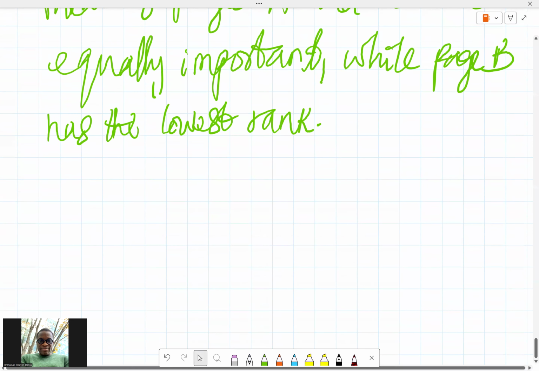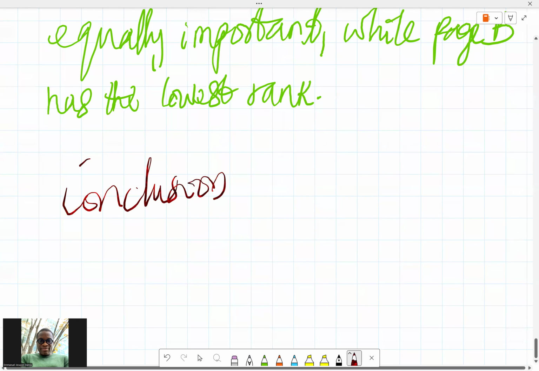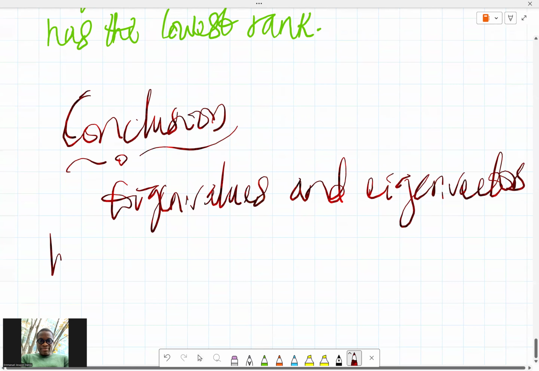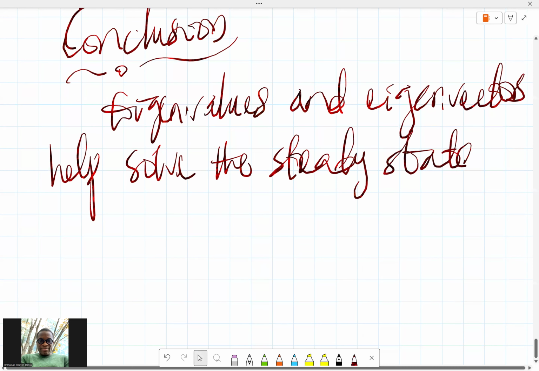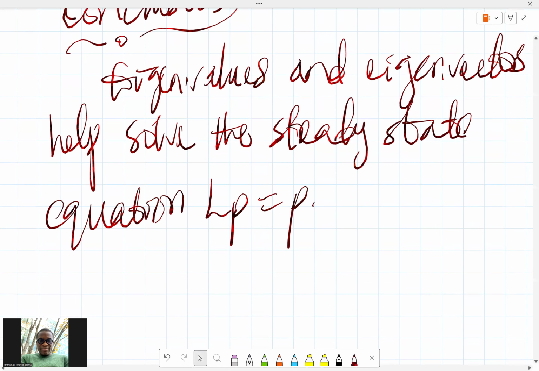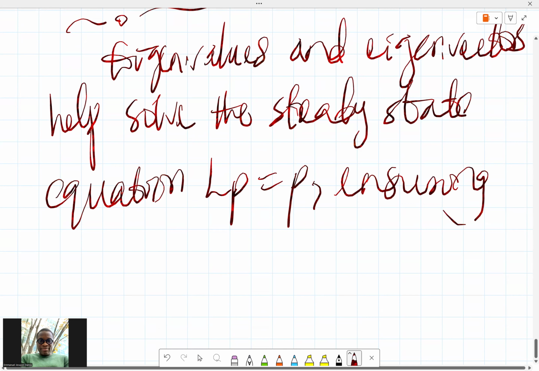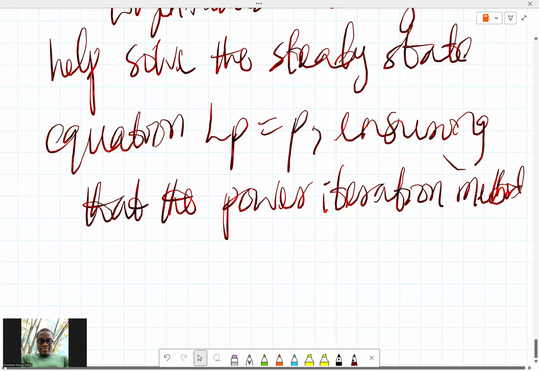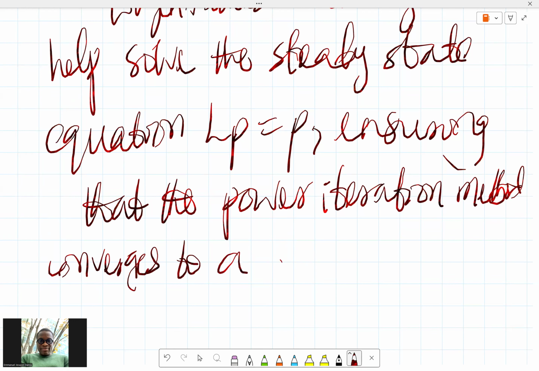Okay, so in conclusion, eigenvalues and eigenvectors help solve the steady state equation LP equals P, ensuring that the power iteration method converges to a dominant eigenvector representing web page importance. I've done a video on the power iteration method.